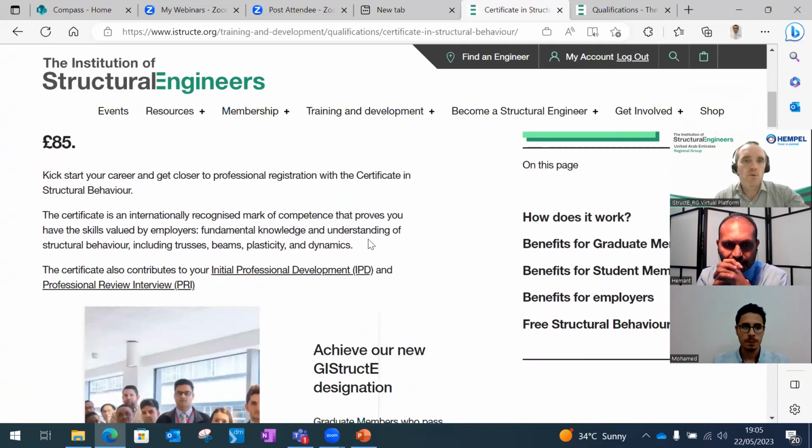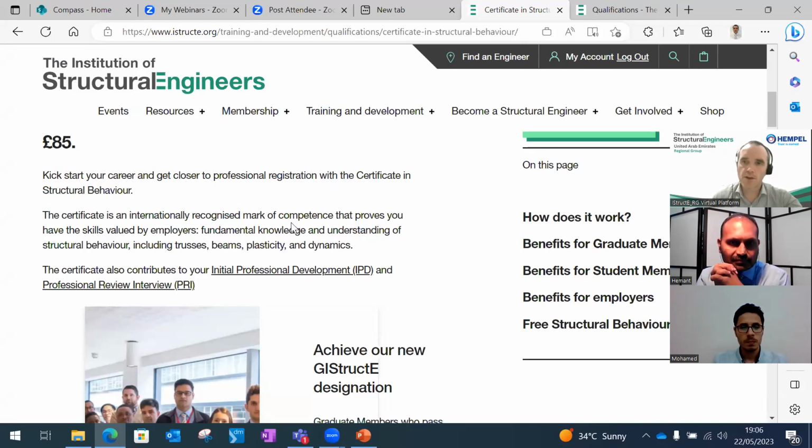So why would you do this exam? Well, basically if you read this paragraph here, the certificate is an internationally recognized mark of competence that proves that you have skills valued by employers and that you have the fundamental knowledge on how structures behave. So it's about getting recognition for your knowledge, and when you pass the exam, you get to earn the credentials.